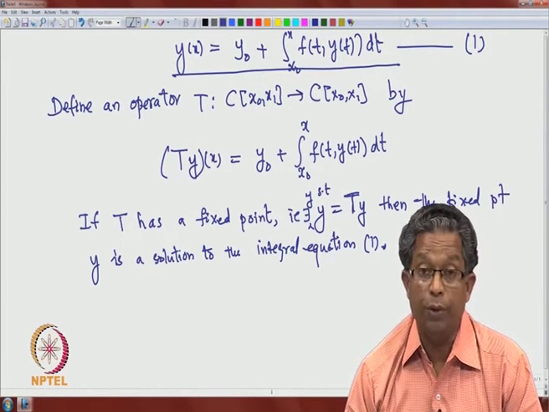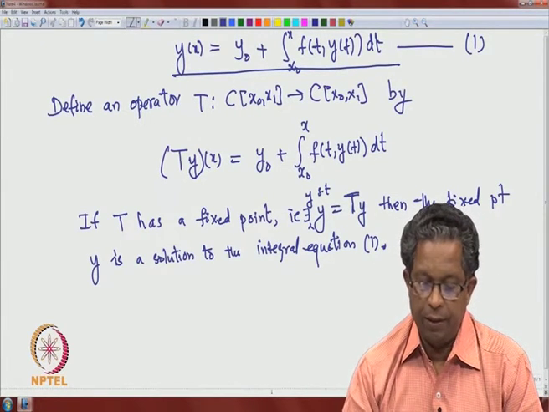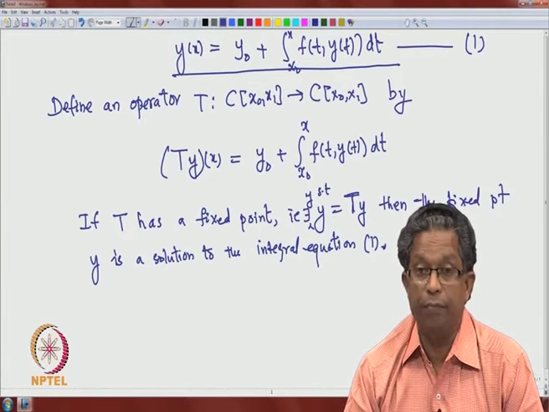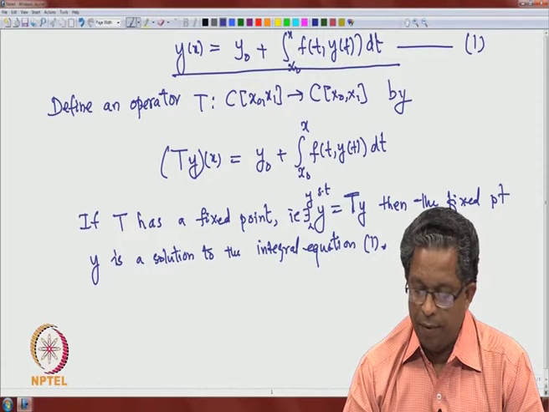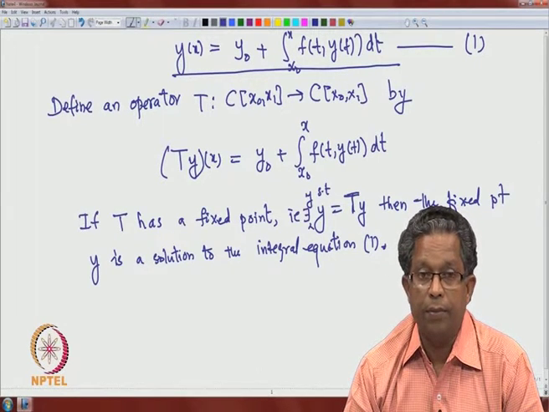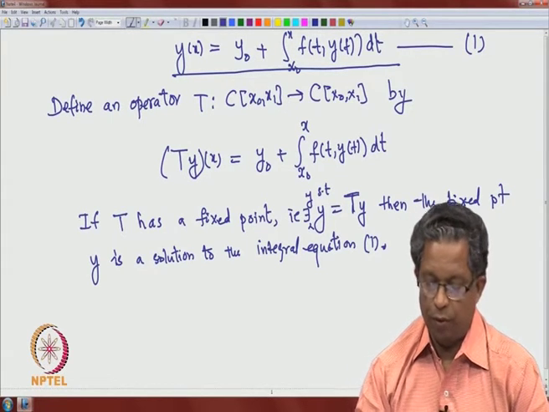So, we are going to show that this operator T has a unique fixed point, and we will show that T^n is a contraction for some n greater than or equal to 1.